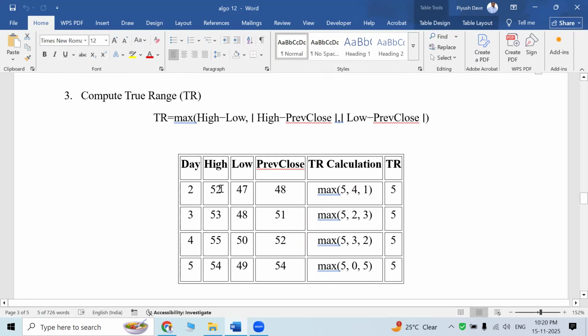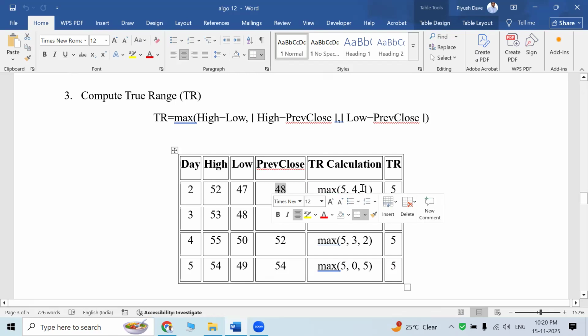So we are going to subtract first high minus low. So this is a high minus low. You can see 5. Then high minus previous close. So high minus previous close is 4. And then low minus previous low.